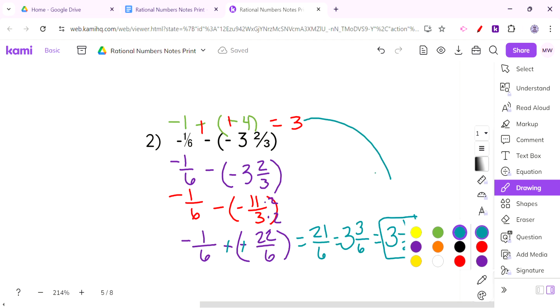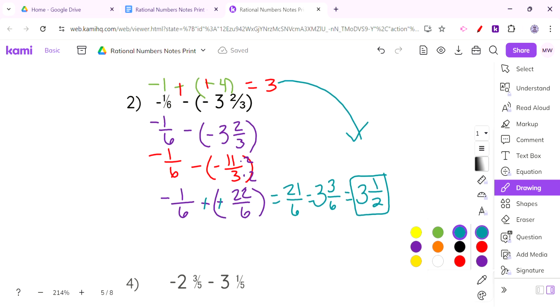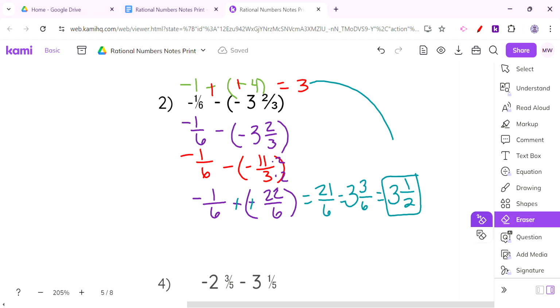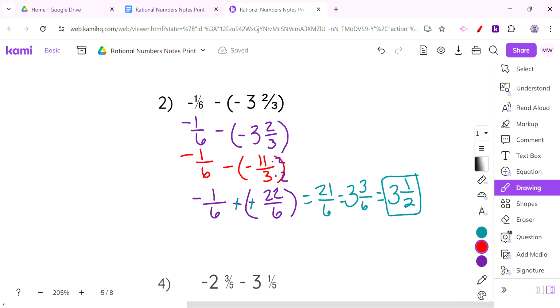which, not bad. We estimated this to be 3. If I were to have actually kept this as 0 up here, right? If I were to have estimated this negative 1/6 to be a whole number of 0, then I actually would have gotten closer to 4, which is also close to 3.5.